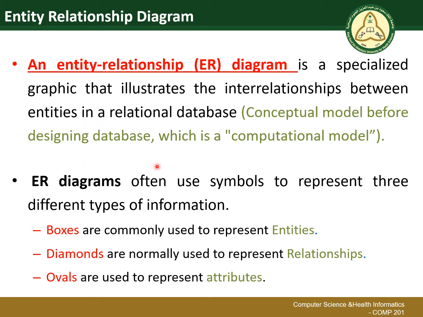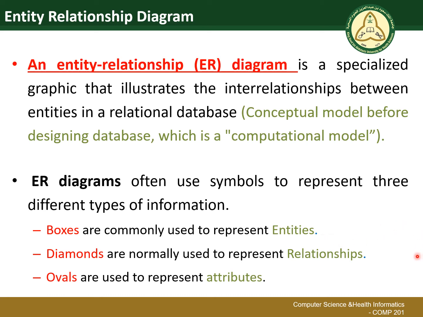So the entity relationship diagram is a conceptual model, and creating the actual database will be considered as a computational model. The ER diagrams often use symbols to represent three different types of information. The boxes will be commonly used to represent entities, which are tables.